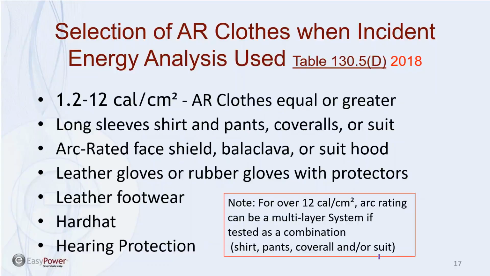You can layer it as long as it's put together by a system. If you're using the same manufacturer, they probably have tested various shirts together, shirts and jackets, things like that, and they probably can provide you that information online. Most of the larger arc rated clothing manufacturers can do that.